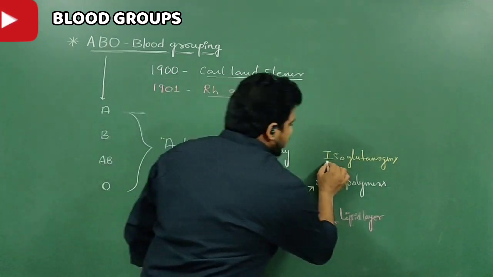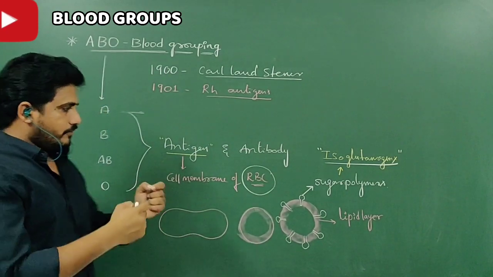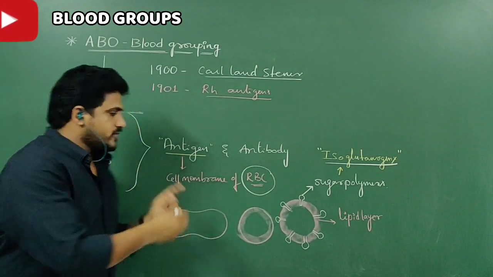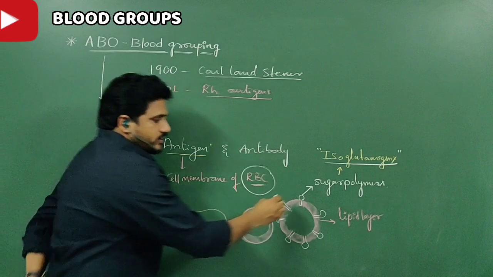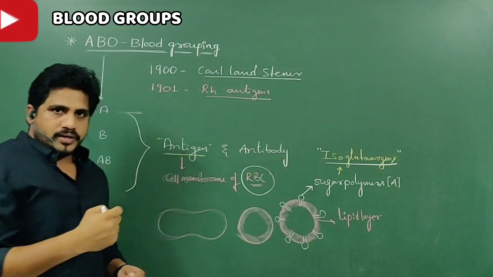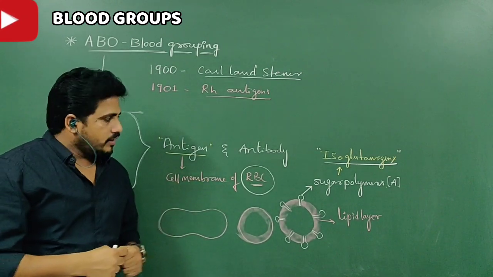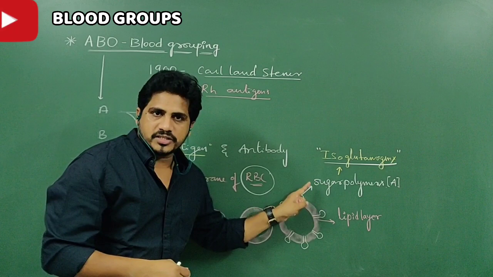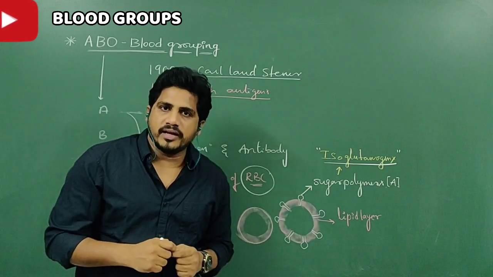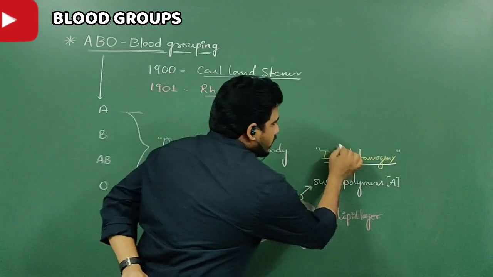Why isoglutinogens is the term given for this? If there is a mismatching blood group, suppose it is A blood group, then these sugar polymers are A type. If B blood group is injected into the A blood group person, then these sugar polymers will not cope with those particular antibodies. Then agglutination takes place.